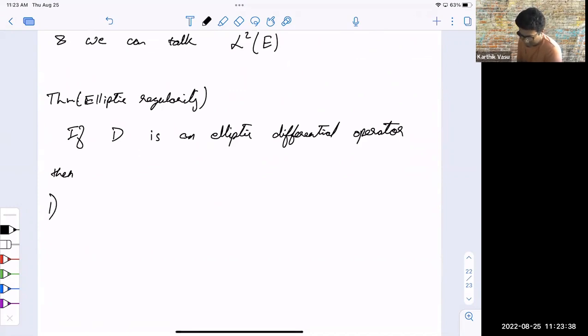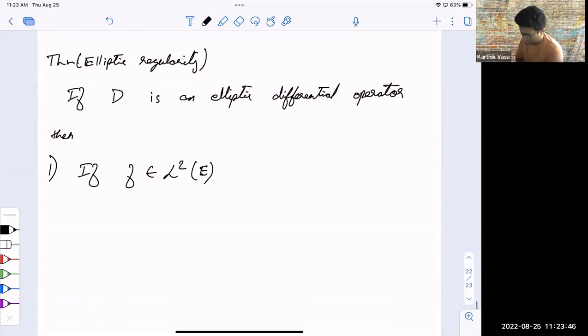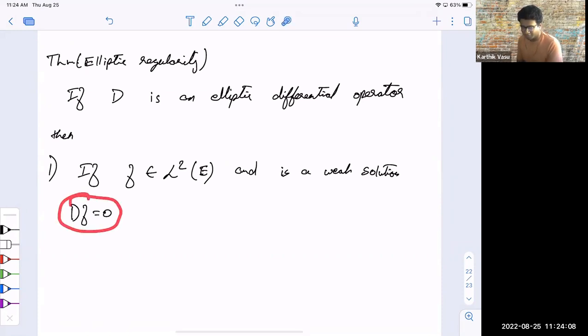So take some f, which is an L2 function or L2 section, you can think of it just as functions, and is a weak solution. What does a weak solution mean? It means Df equal to 0, that's what it means to be a solution. But I cannot apply D onto non-smooth things, since differential operators, as I defined them, were only for smooth stuff.